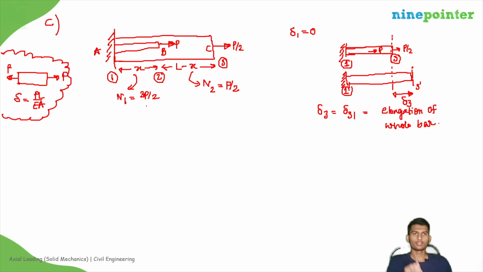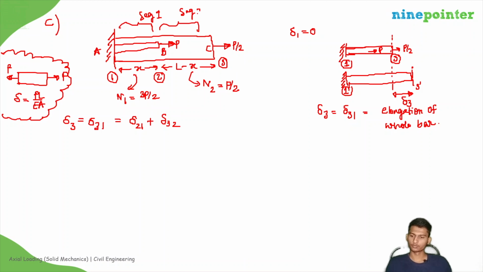So here there are these types of links. Here there are two bars similar to this, right? So delta 3 1, which is equal to delta 3, will be equal to delta 2 1 plus delta 3 2. Delta 2 1 is the elongation of segment 1. This is segment 1. Delta 3 2 is elongation of segment 2. So what is delta 2 1?